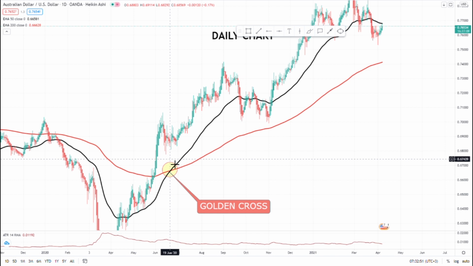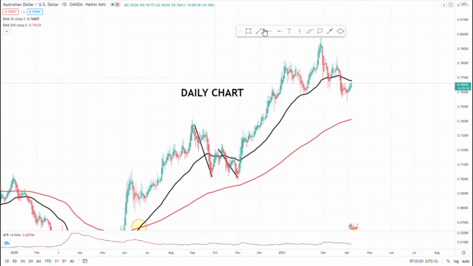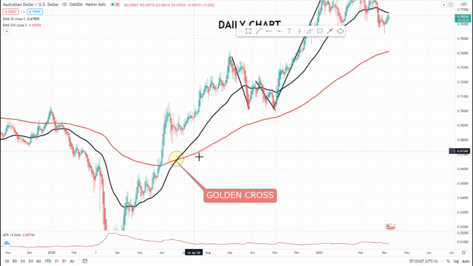You can see, yes, there were sellers trying to come in for weeks. There were sellers, but when buyers came in, they pushed this market so high. So the first thing to understand is that when a golden cross occurs, it is a confirmation of where the trend is going.